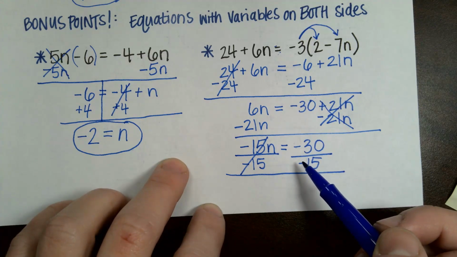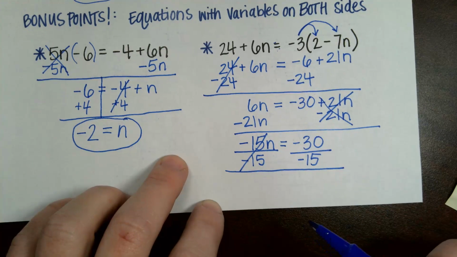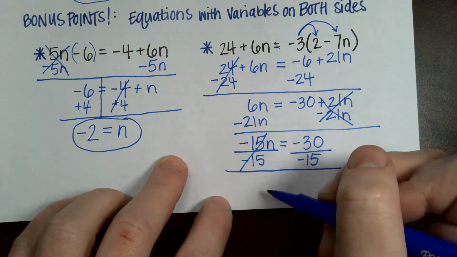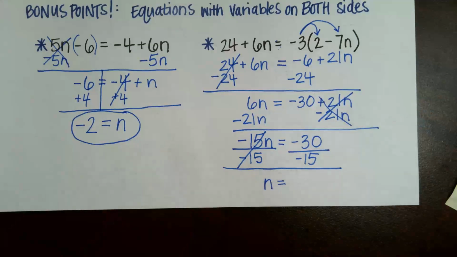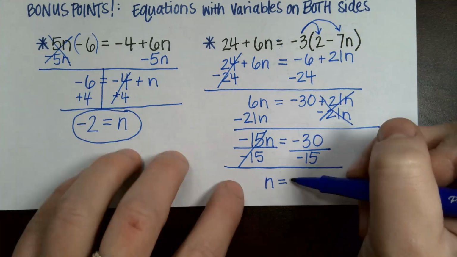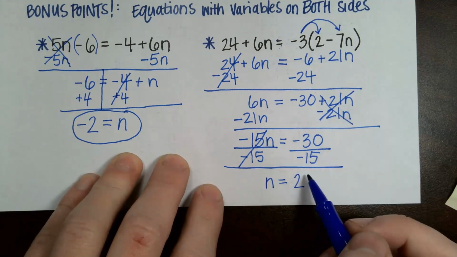What's going to be the sign of my answer? A positive. My two negatives are going to cancel out. Good job, guys. So let's bring down the n equals, and what is 30 divided by 15? 2. n equals 2.